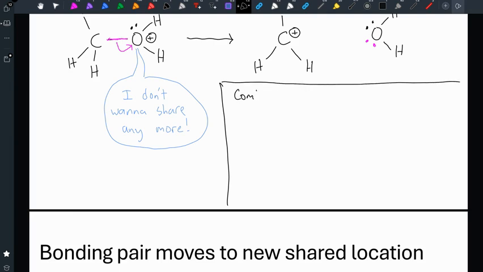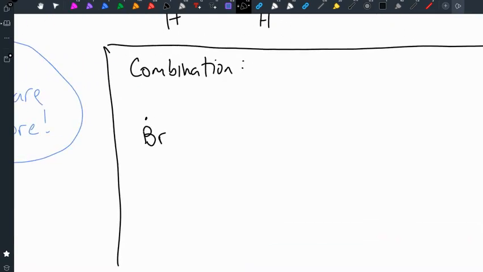So here's what a combination looks like. I might have Br minus. And I might have this molecule here.